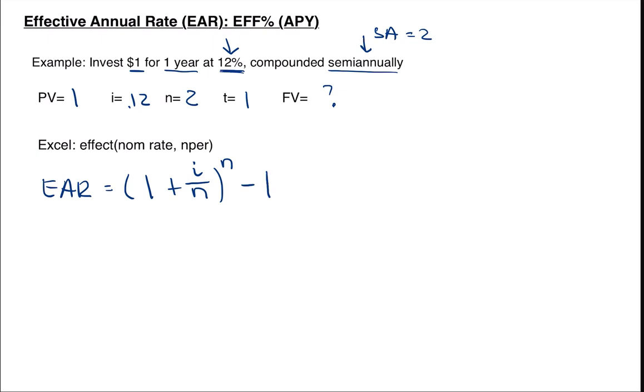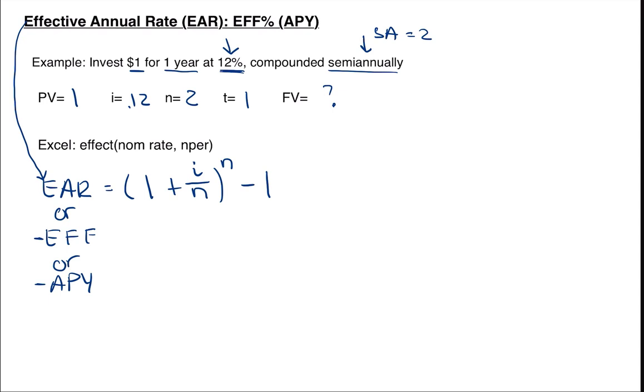And that's how we find our effective annual rate, or EFF, or it's also called APY. So effective annual rate, effective rate, APY.